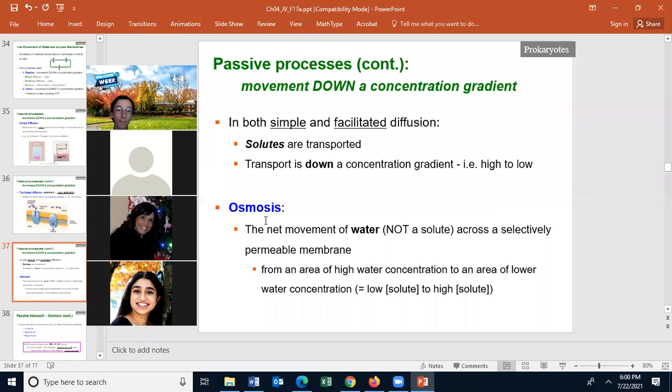This we do not call diffusion, we call it osmosis, because it's the net movement of water. You should realize that the tonicity is not defined on the concentration of water. The tonicity is defined by the concentration of the solute, but in the case of osmosis, it's the water that moves.